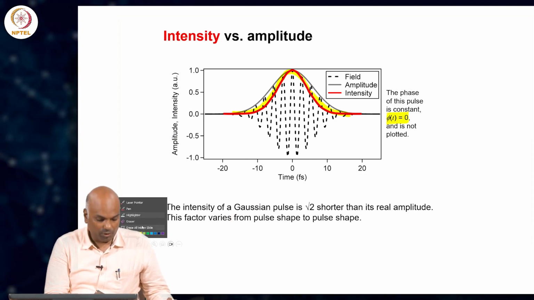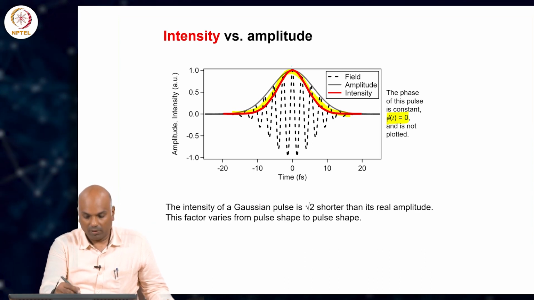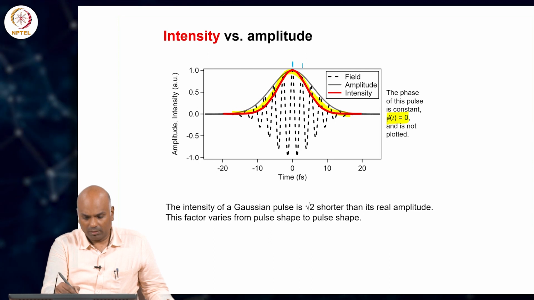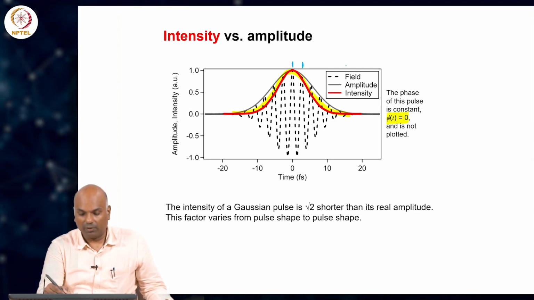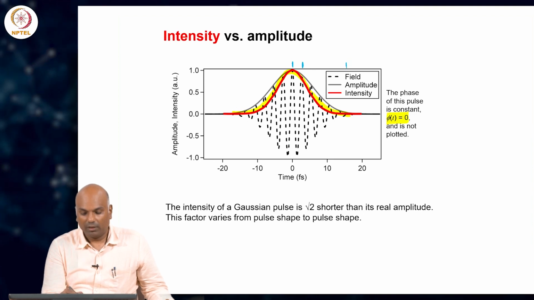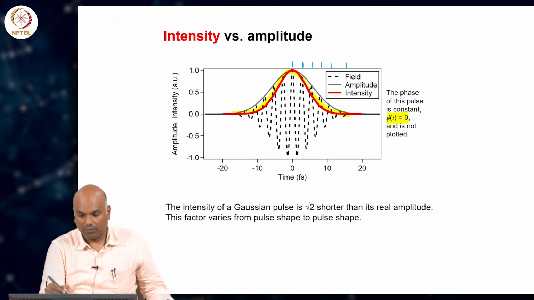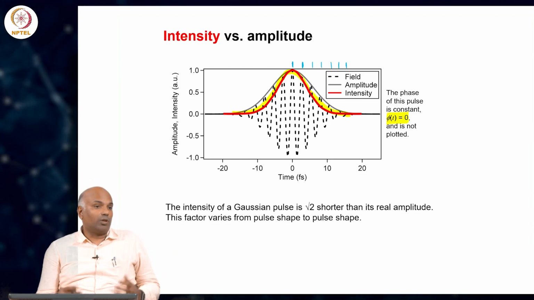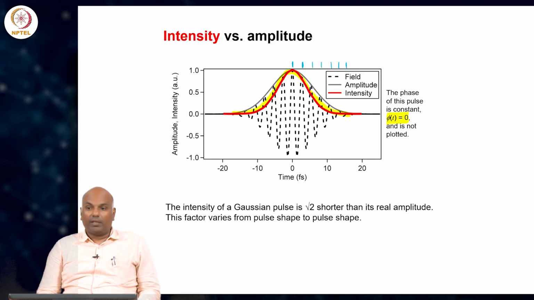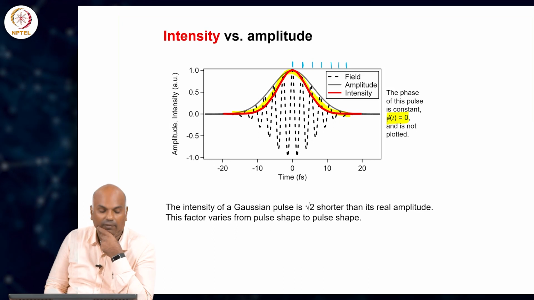The notion of ultra shortness is sort of built into this pulse. We have one period to be so much, and the intensity falls from maximum to nearly nothing after about 4 to 5 periods. It is actually a really short pulse, the way that we have described it, really from a practitioner's perspective.